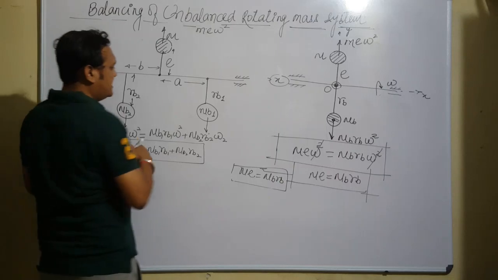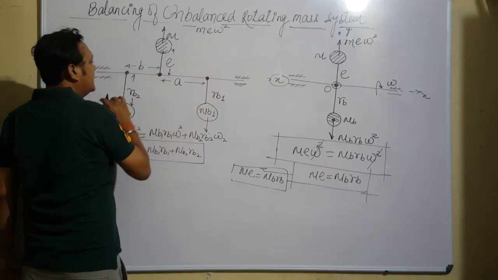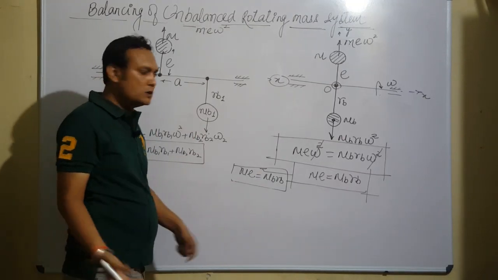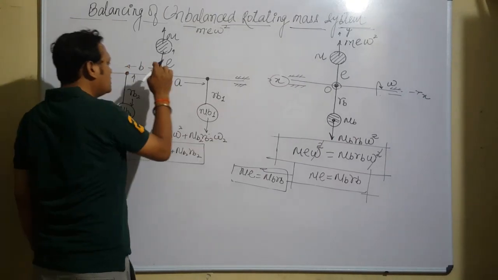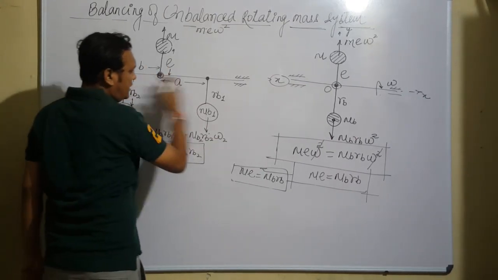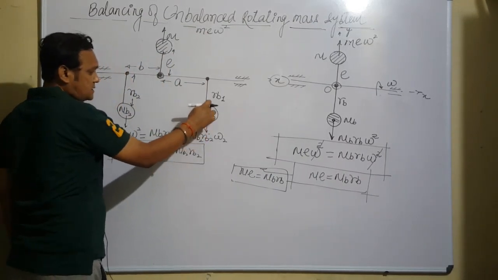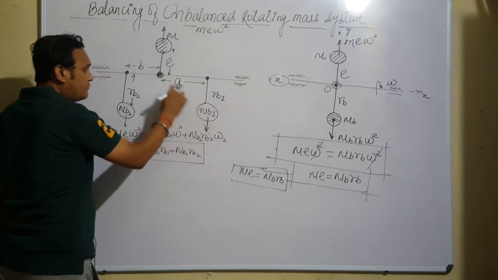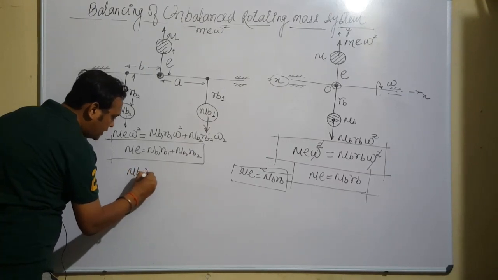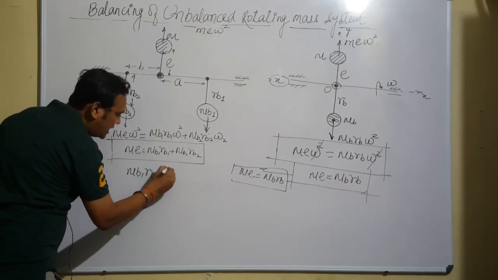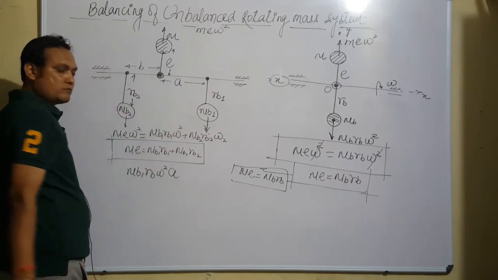That condition is very simple. About any point on the system, the net moment should be 0. If I take this point and ensure that the net moment about it is 0, that means it is 0 everywhere. About this point, the MB1 mass and its centrifugal force will give a clockwise moment, whose value will be MB1 RB1 omega square, the force, multiplied with the perpendicular distance a.